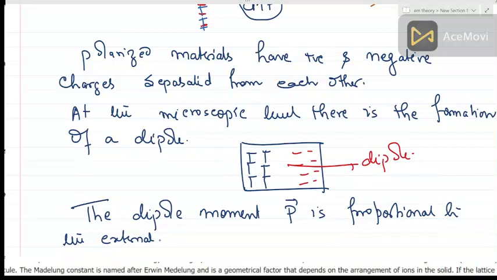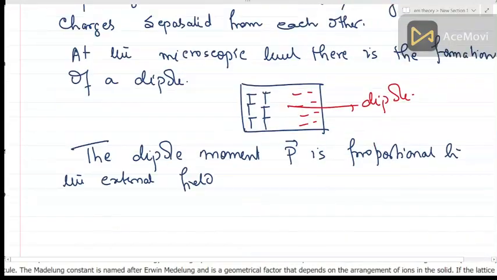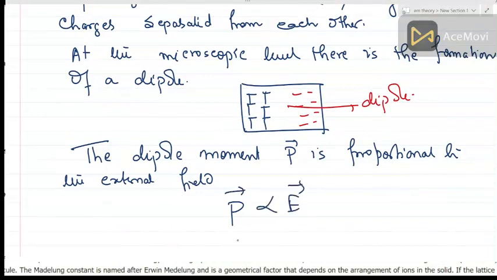The more field you apply, the more separation occurs, and at very high values of electric field, the negative charges and positive charges will be detached from each other, resulting in breakdown. That is a topic I will discuss later. It is proportional to the external field.